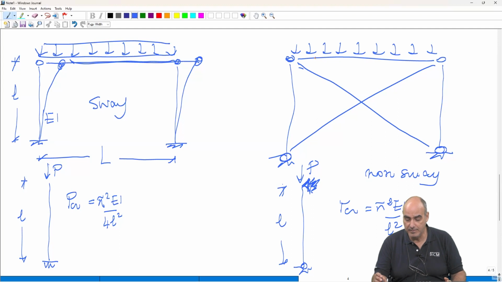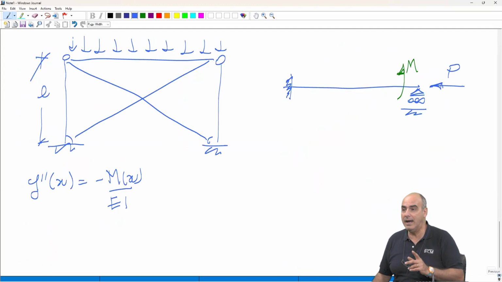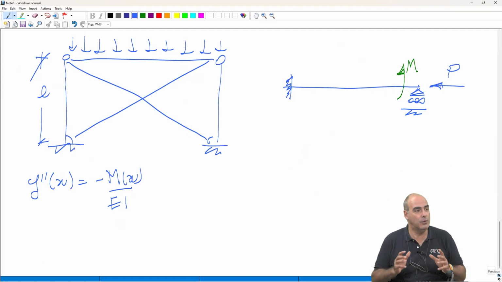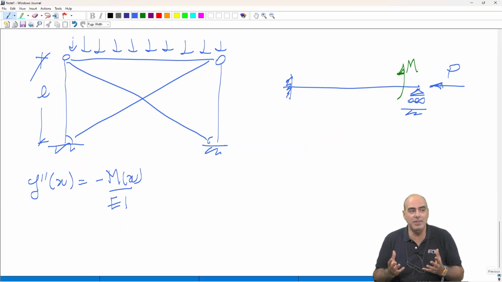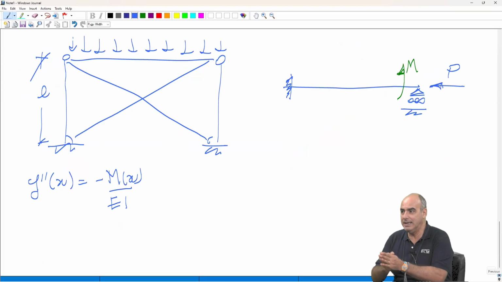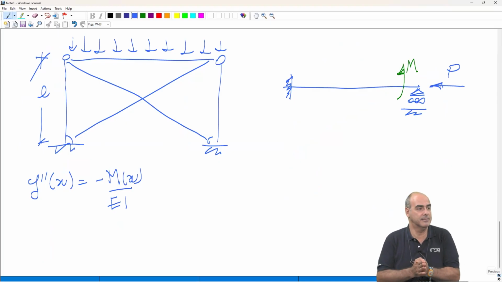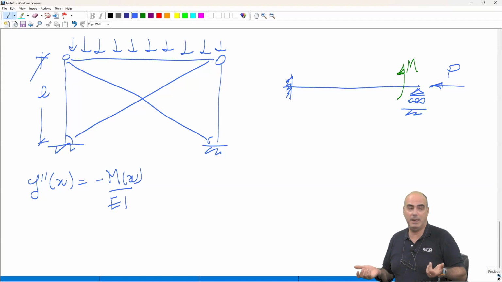Here we have a statically indeterminate structure. We do not have the possibility to calculate the bending moment only from equilibrium. So we don't have a ready-to-use analytical expression for M of x. So the equation is true, but we don't have the tools to apply it.